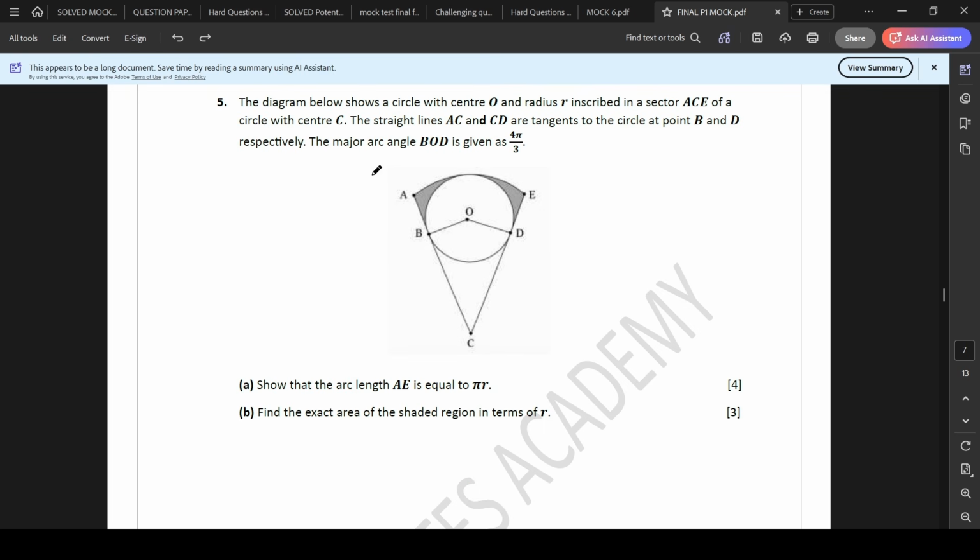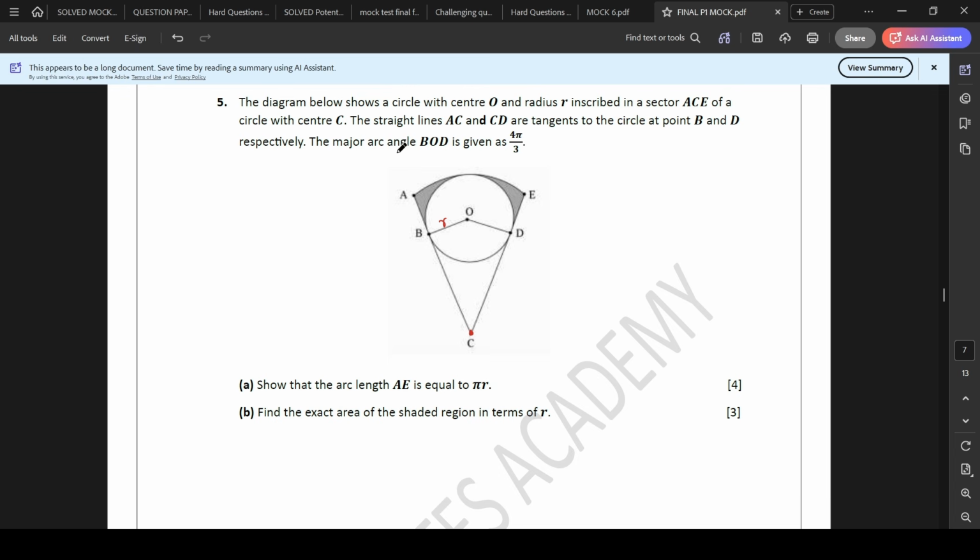So this question is about circular measures, where the diagram shows a circle with the center O and radius R. And this circle is inscribed in this sector ACE. And this ACE sector is having the circle which is centered at point C. The straight lines AC and CD are tangents to the circle at points B and D respectively.